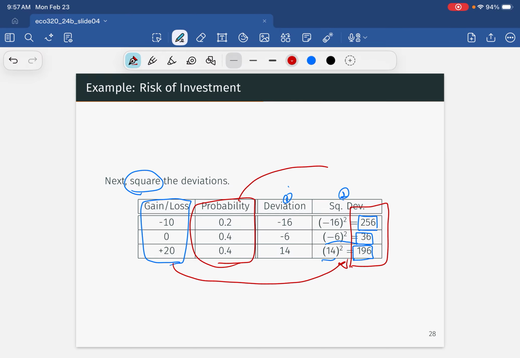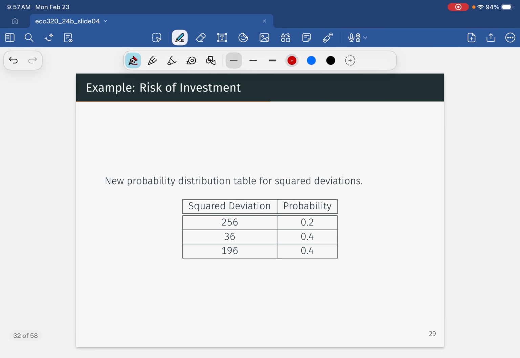This probability also corresponds to the new outcomes because they are one-to-one, the same thing, just changing the numbers. So again, we have the squared deviations and the same probabilities. We are going to calculate the mean of squared deviations for the variance.